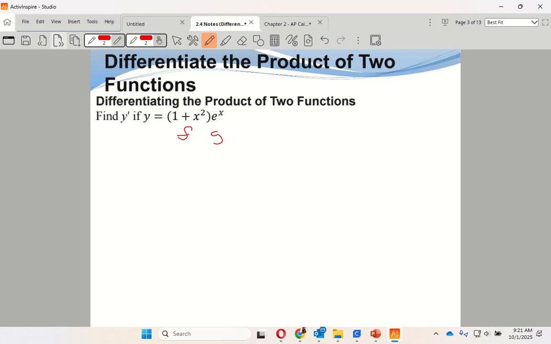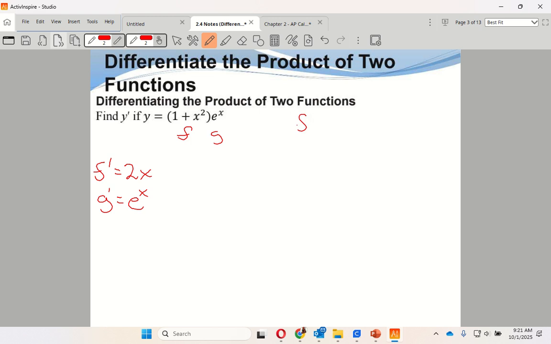So if this is f, what is f prime going to be? The derivative of f is going to give me, very good, 2x. The derivative of g is e to the x. So this is the way that we do this.